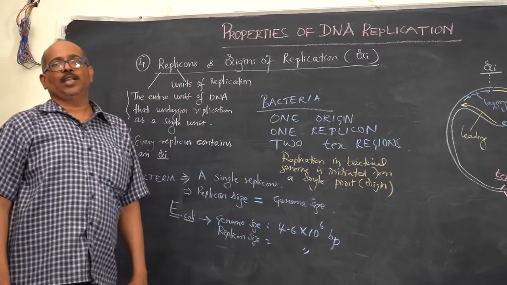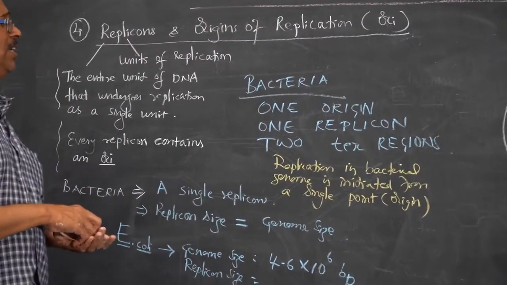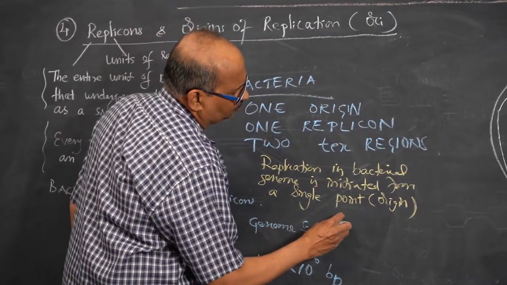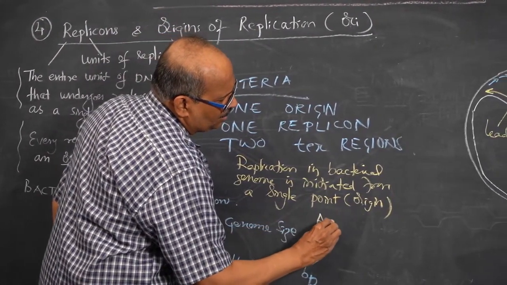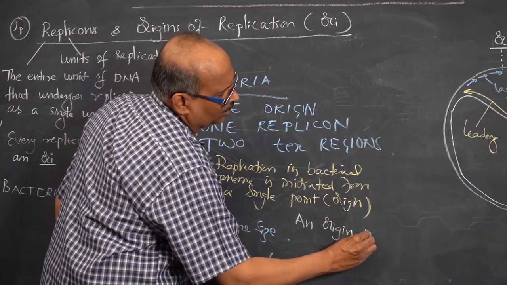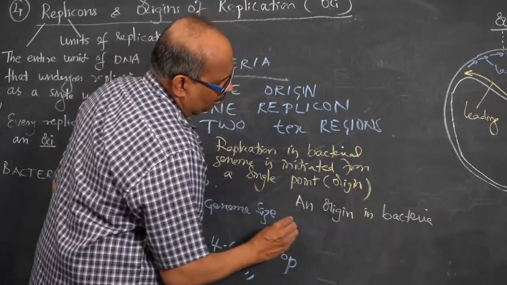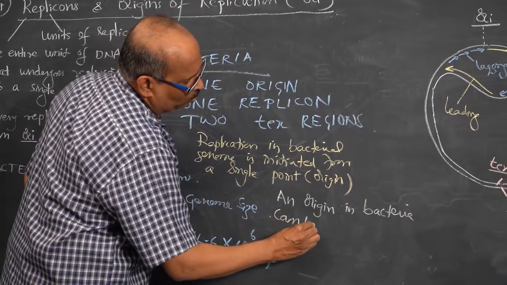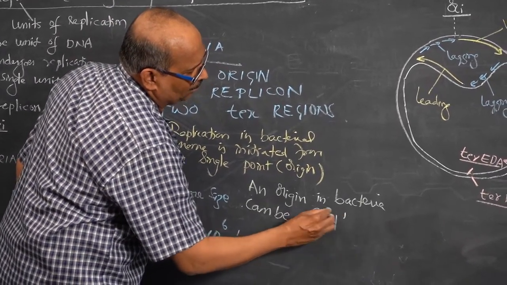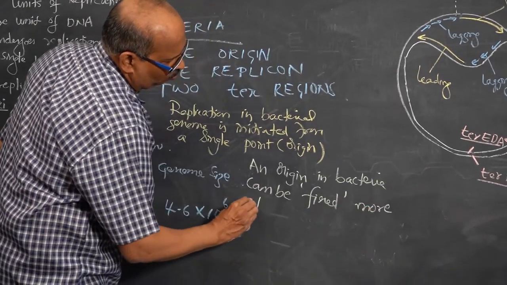But the advantage the bacterium has is that an origin in bacteria can be activated more than once. So we say it can be fired more than one time.